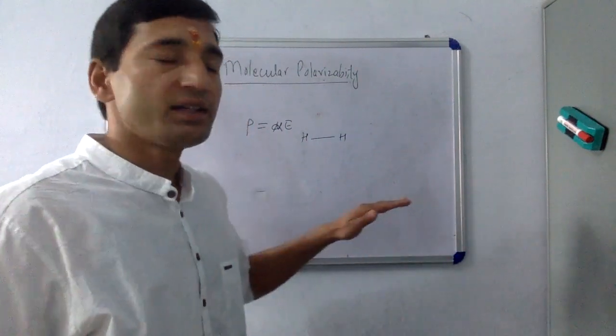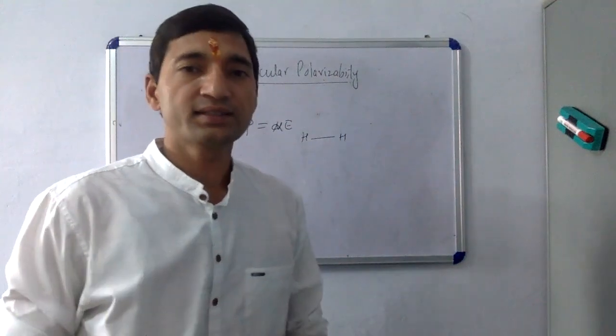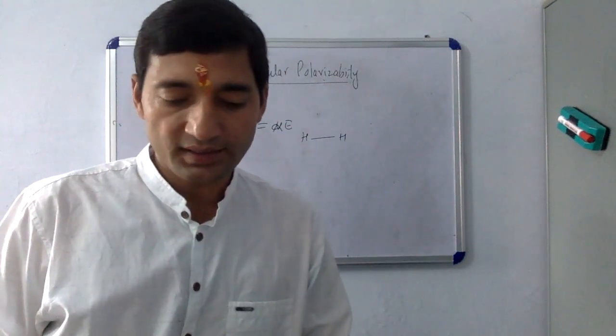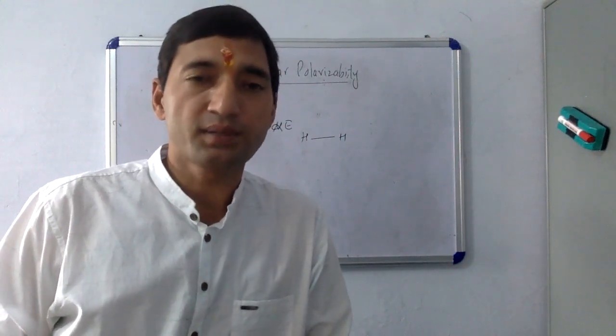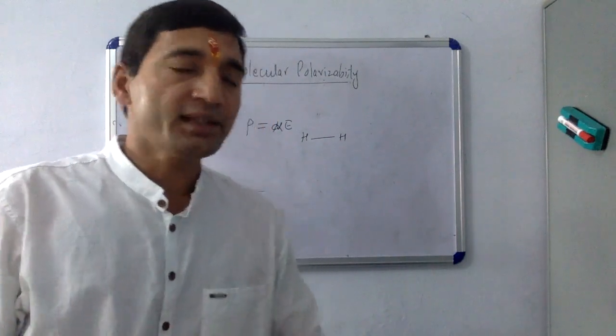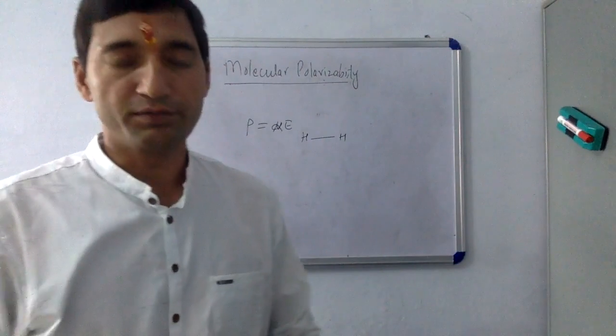And if I apply a field across this bond, then in the simple diatomic molecule, experimentally it can be found from the intensity of the spectral lines of the rotational spectra that it is just about half of it.